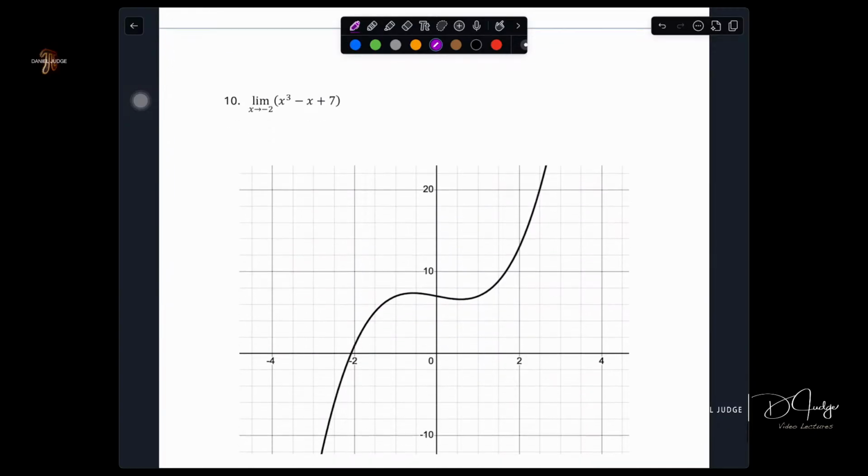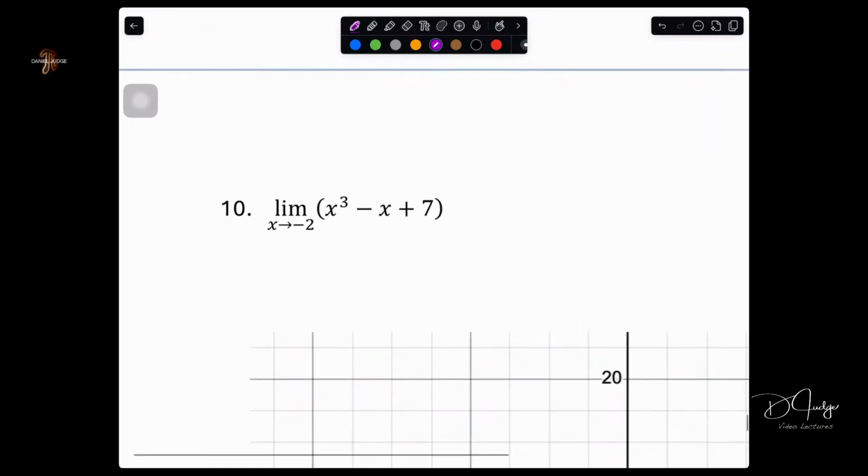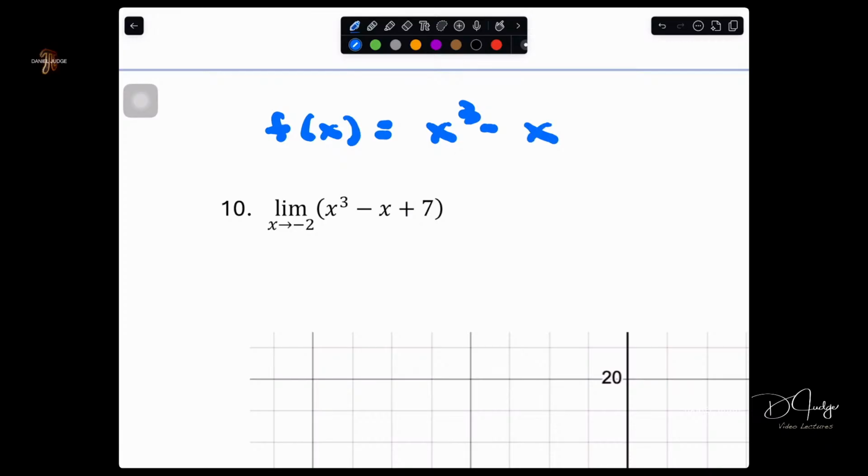So we got another polynomial there for number 10. This is a nice, beautiful curve. And that function, the polynomial function, if I write it down here, is x cubed minus x plus 7. So this is that function f of x. We can write it as f of x.